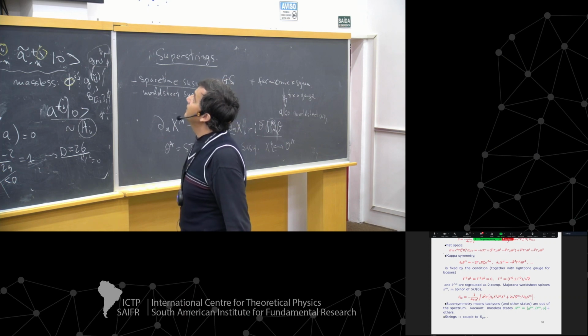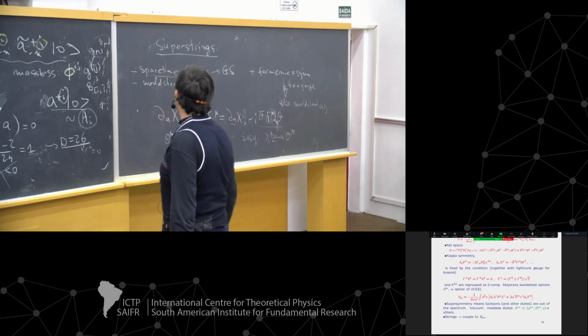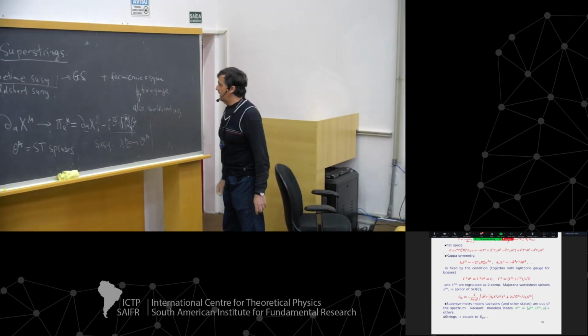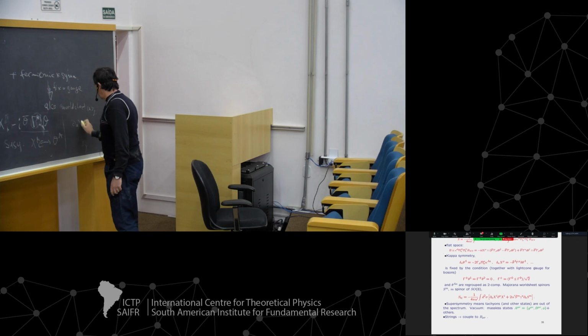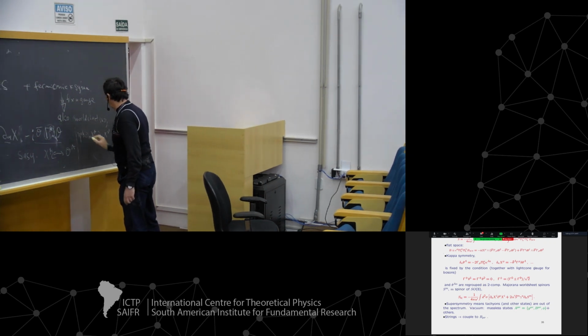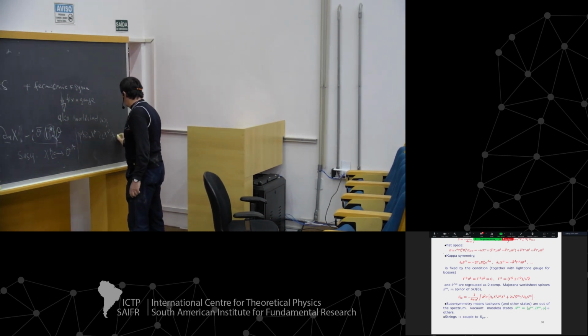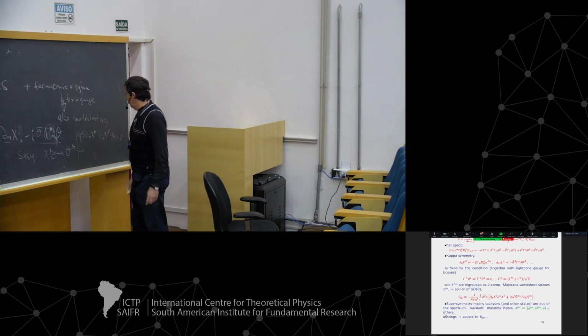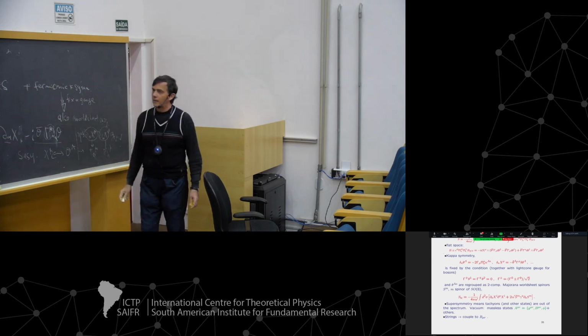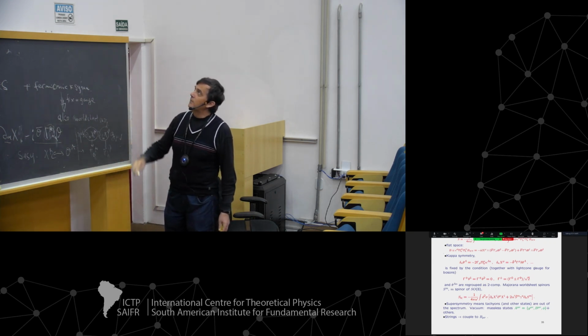Anyway, so the point is, now I can generalize the action. Before I had dA x mu, dB x nu, eta AB, g mu nu, right? And now I just change this to PA mu, PB nu. But moreover, now I can add also this extra term.